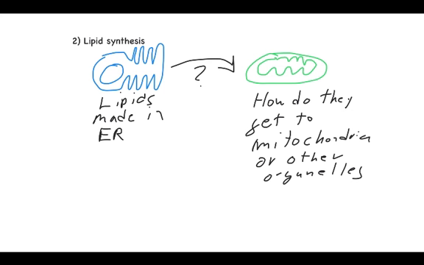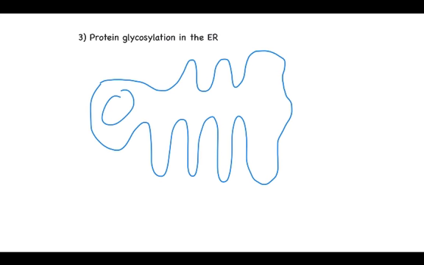So you'll have ER mitochondrial contact sites, ER plasma membrane contact sites. There are all sorts of different ways that the ER makes direct physical contact with other membrane-bound compartments, and it's believed to transfer lipids directly. And this is something that people are really excited about taking apart.